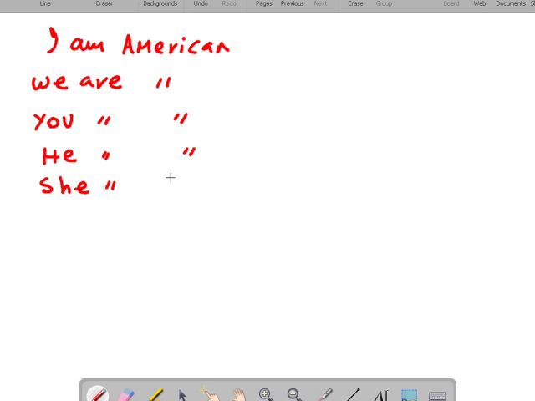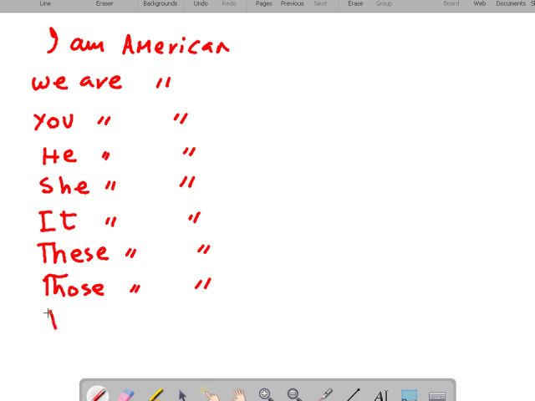She is American. It is American. Or these are Americans. Those are Americans, or they are Americans. So we have some simple sentences.